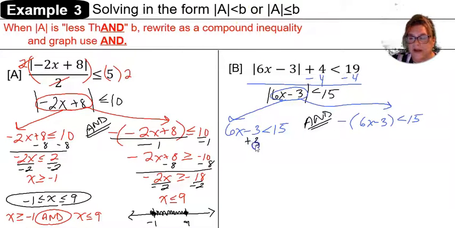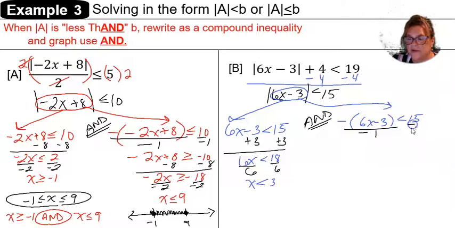So let's start by adding 3 to both sides. That gives us 6x strictly less than 18. Then we're going to divide both sides by 6 to get x by itself, and x is strictly less than 3. Then our other case, we start by dividing both sides by negative 1, and that's going to change the direction of this inequality.